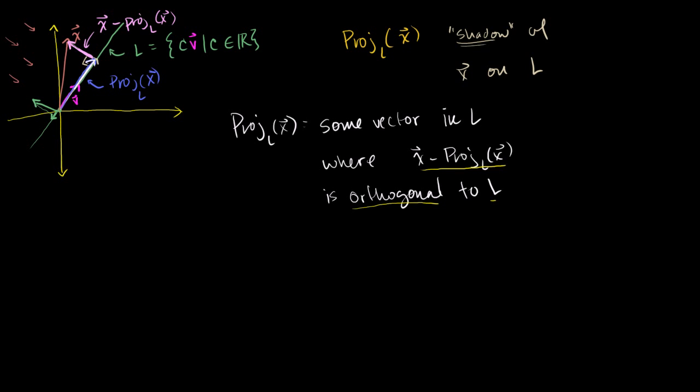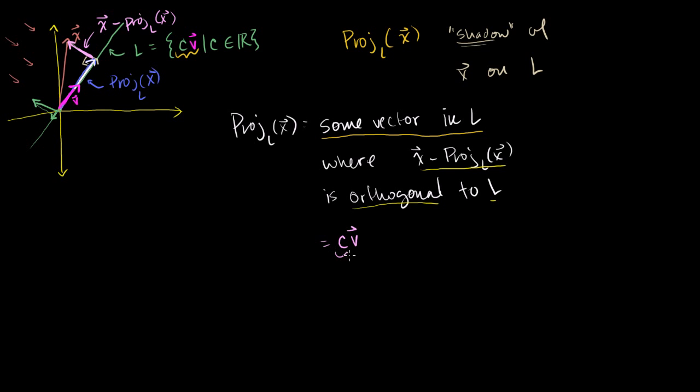So let's see if we can use that somehow. The first thing we need to realize is, by definition, because the projection of x onto L is some vector in L, that means it's some scalar multiple of our defining vector v right there. So we could rewrite our projection of x onto L as some scalar multiple c times our vector v.